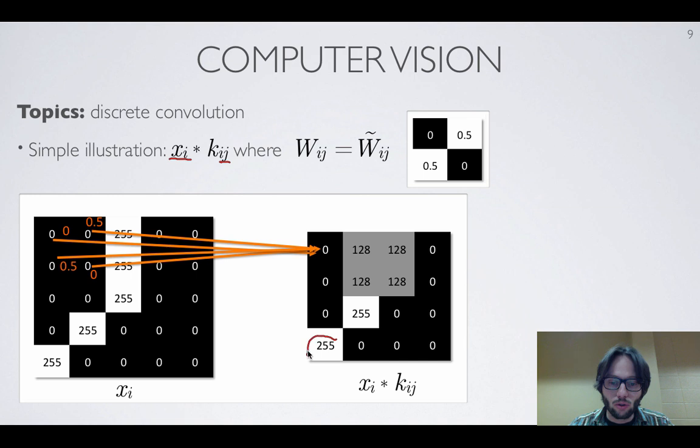So we have 255 that corresponds to this superposition here of the filter or the kernel, and then 255 again where I had this value here. And so once I've computed this, I already have some illustration of where this particular kind of feature, an edge with that angle, is present in the image.